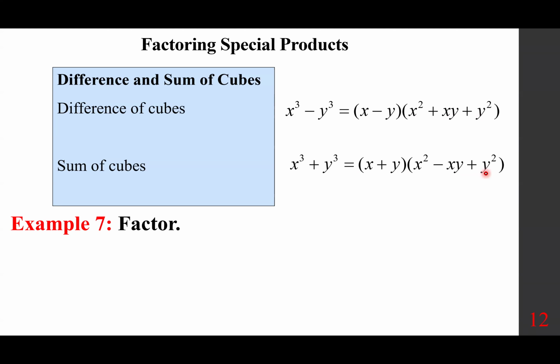So if we want to factor x cubed plus 27, we notice this is x to the third, this is 3 to the power of third. So we're going to rewrite it in this fashion.